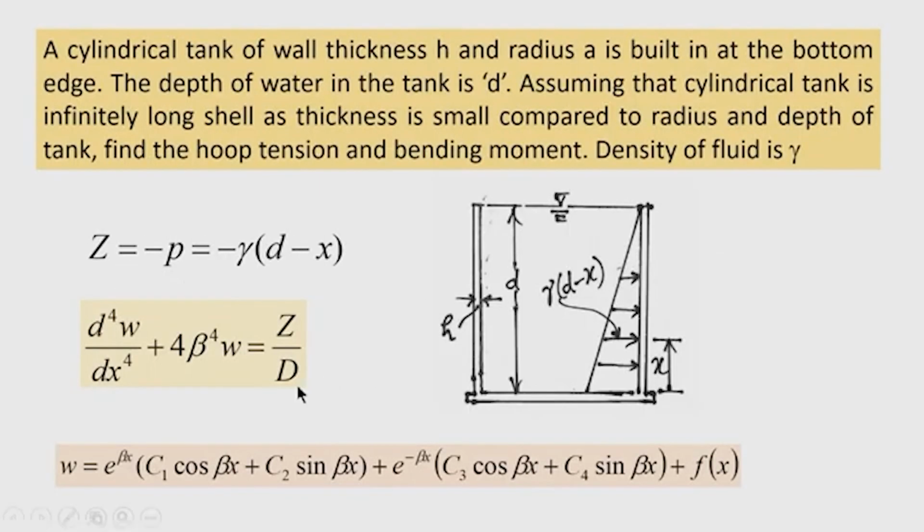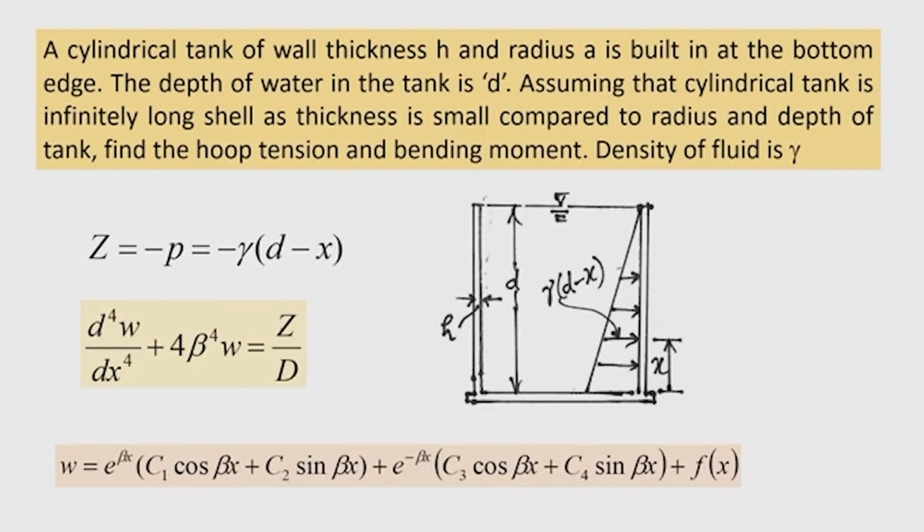Now, let us apply this solution to another problem that I mentioned in the beginning of this lecture, that a cylindrical shell has to be analyzed, and that type of shell is frequently used as a water retaining structure or storage tank in many applications.